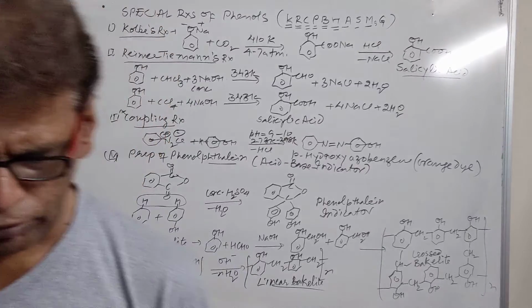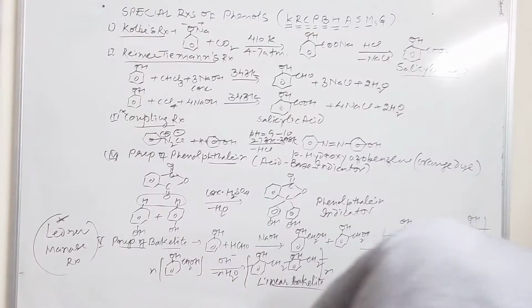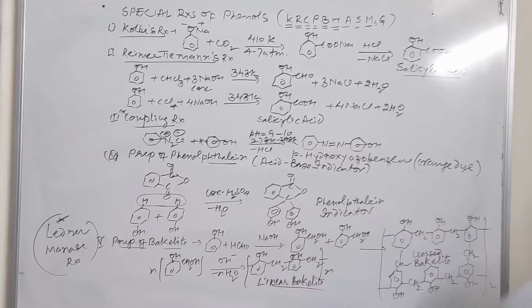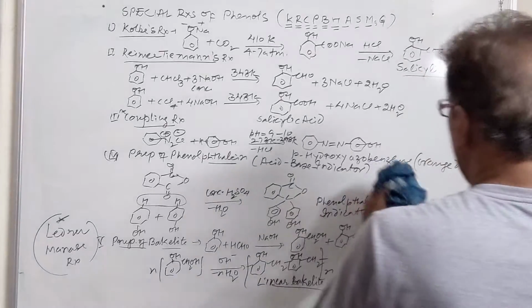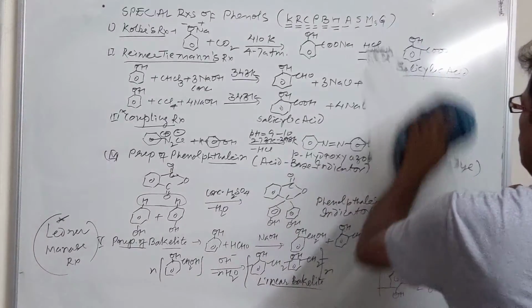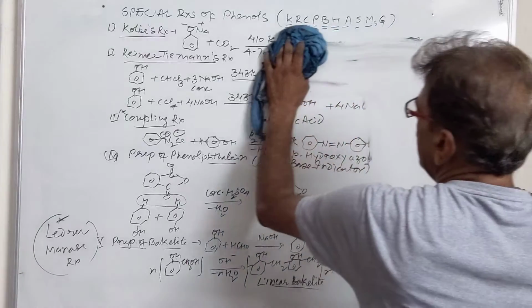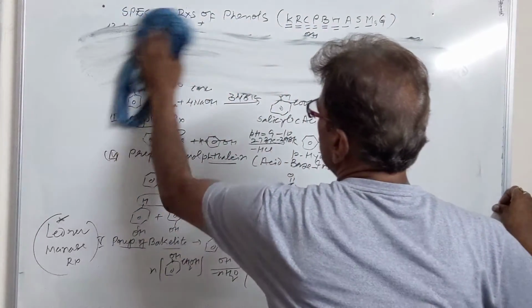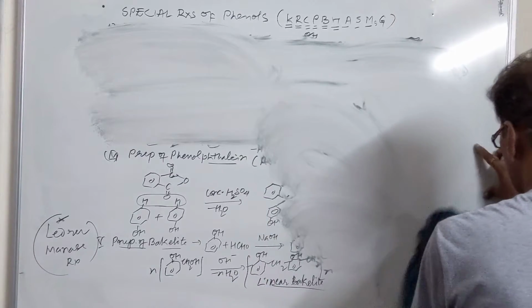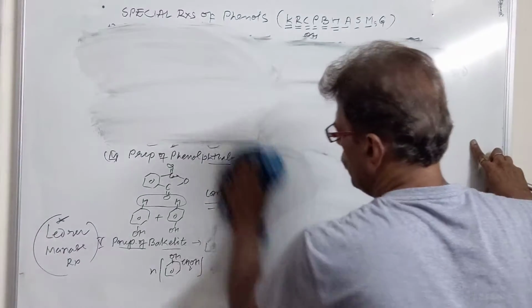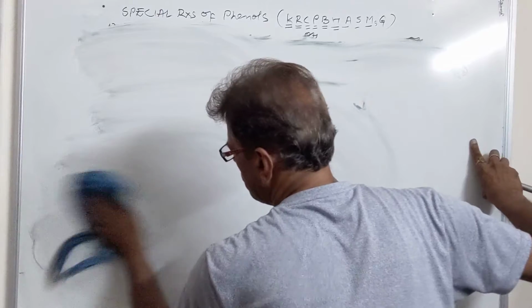So now first of all we see the hydrogenation of the phenol. Hydrogenation is done in the presence of Raney nickel. Raney nickel converts the benzene ring into cyclohexane by supplying 3 hydrogen molecules to the benzene ring.